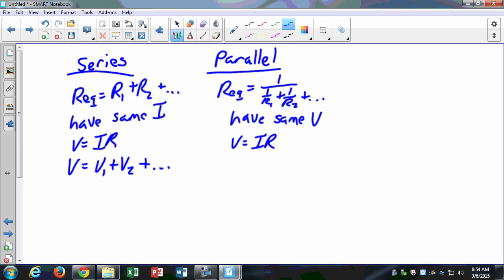That's your, and then the total current is I1 plus I2 plus dot dot dot. We're going to get these last two rules, by the way. This one and this one we'll use next week when we do the multi-loop circuits. Okay, so be able to solve both series circuits, parallel circuits, and combination circuits. You'll have all of those.